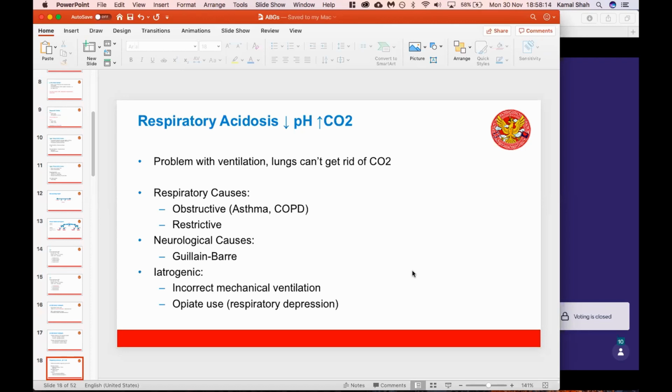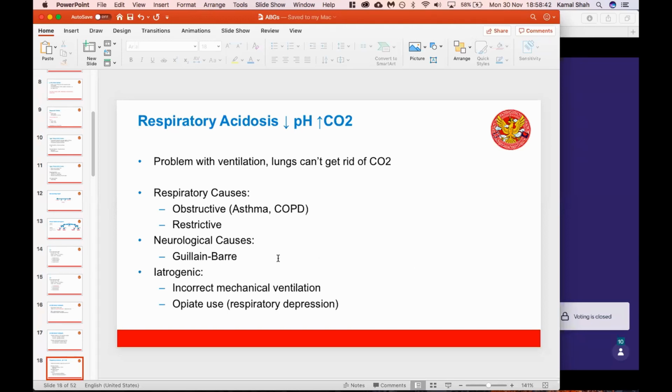So asthma, you've got severe inflammation, and you've got the smooth muscle contracting. And in COPD, you're going to have obstruction as well. In a similar way, in restrictive disease, you've got a reduced amount of lung volume, so you're going to have respiratory acidosis.